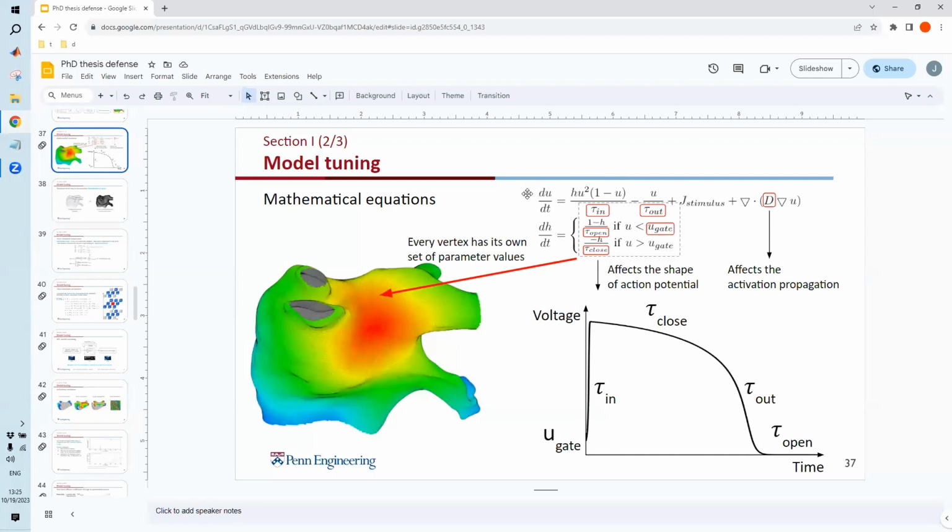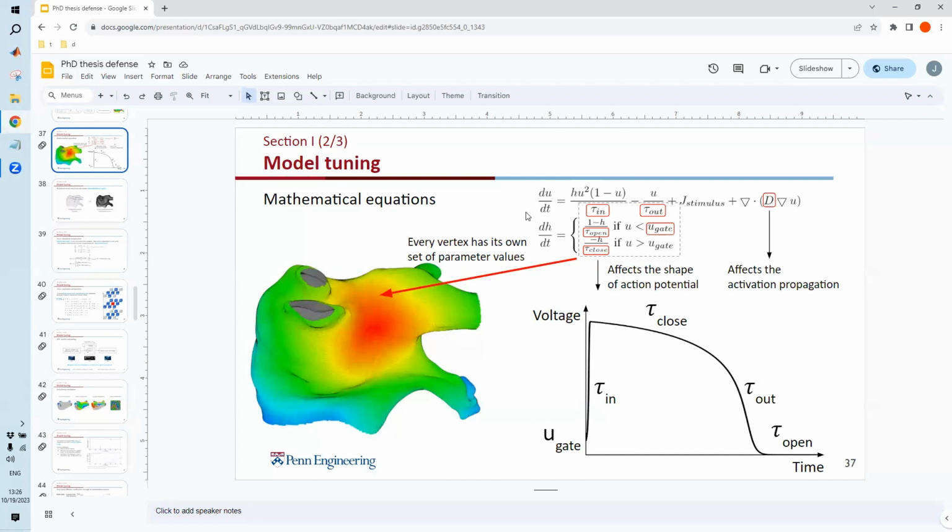What's the conduction velocity they see in the left atrium? It's about 0.7 meters per second. And what do physicians typically see for a tachycardia? A cycle length of 180 milliseconds. So we tune the taus to match a typical left atrium, typical for sinus rhythm and typical for tachycardia, and then we are not going to tune them anymore.